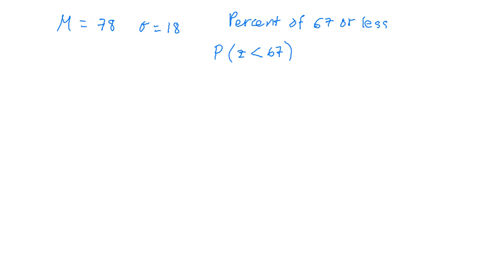Now you're gonna go to second vars, normal CDF. You'll have the lower limit again, same thing, negative 999 or negative 1 E 99.